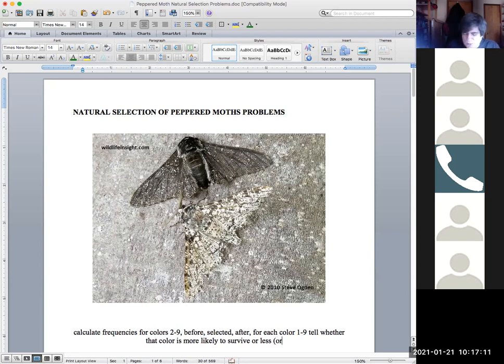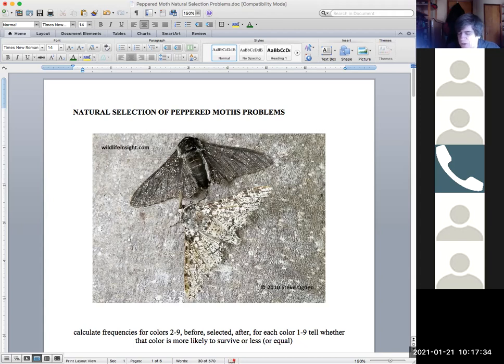And notice it could be that their odds of surviving are equal. It might be that 0.2% of the moths are number 4 before selection, and 0.2 are selected, and the frequency after selection is 0.2. So nothing changes.